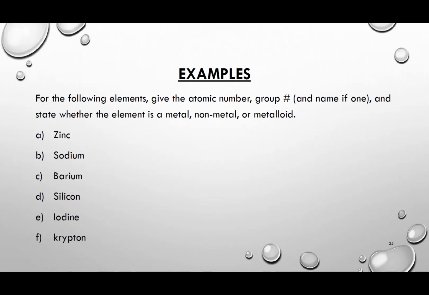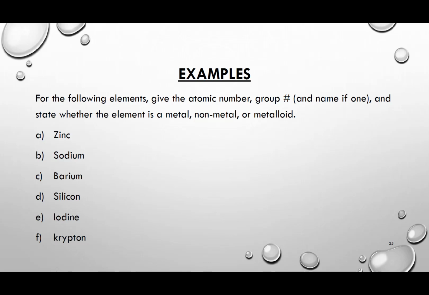Then we're going to do this example. Let's do this example. On this example, you want to look at your periodic table and give the atomic number, the group number, and say whether it's a metal, non-metal, or metalloid.